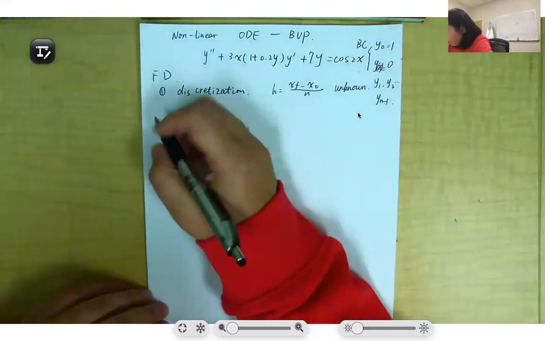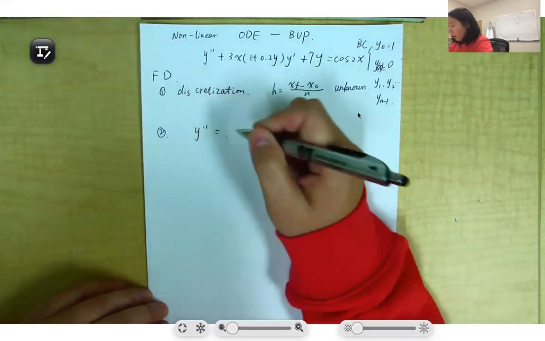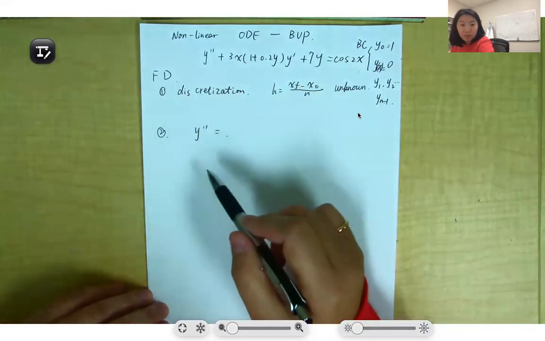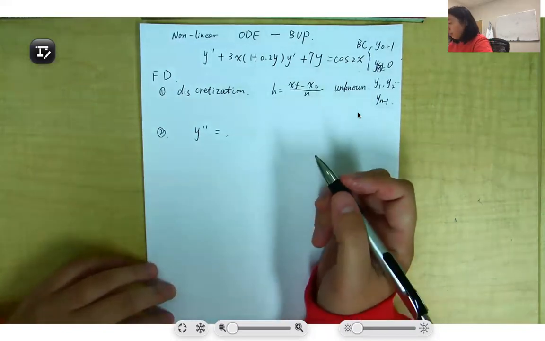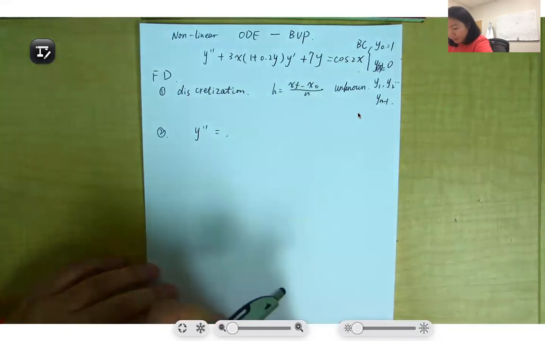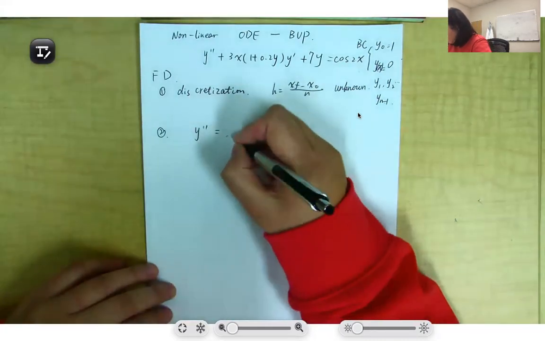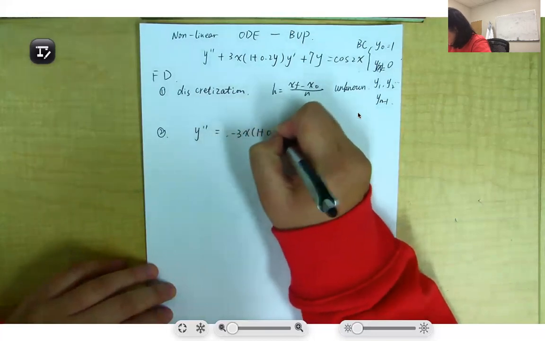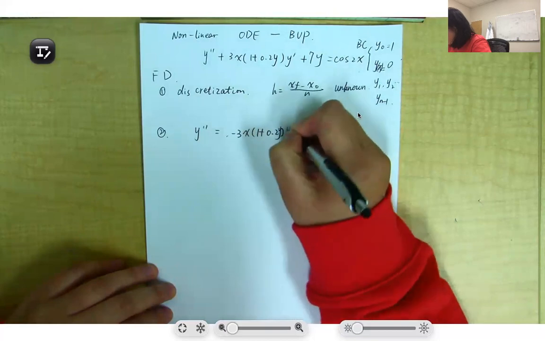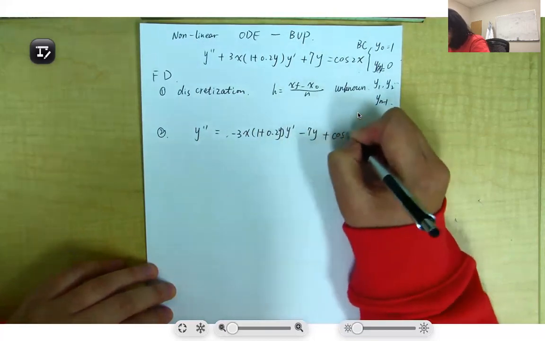Okay, and we can try to write our derivatives with algebraic equations, using the central finite approximation. So y double prime equals negative 3x(1 + 0.2y) y prime minus 7y plus cosine 2x.